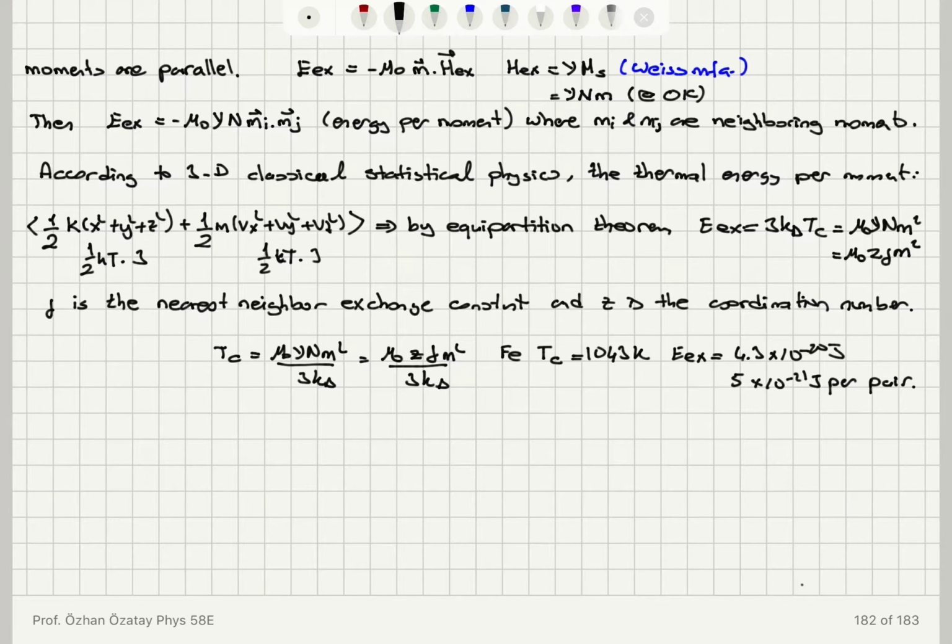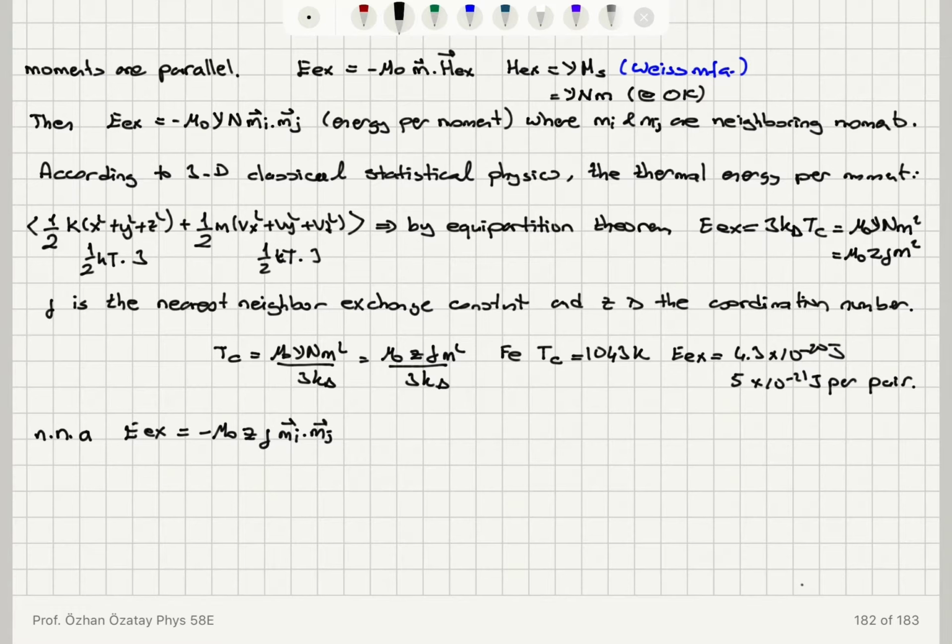Okay, so using the nearest neighbor approximation now, I can write this exchange energy as minus mu 0 z j mi dot mj, where I'm considering the nearest neighbor interactions.